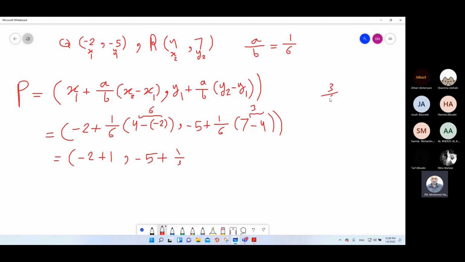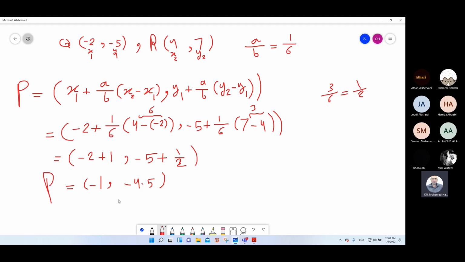If you divide by 3 up and by 3 down, 3 divided by 3 will be 1 and 6 divided by 3 will be 2. And negative 2 plus 1 will be negative 1. And here negative 5 plus half means negative 4.5. So this is the point B.